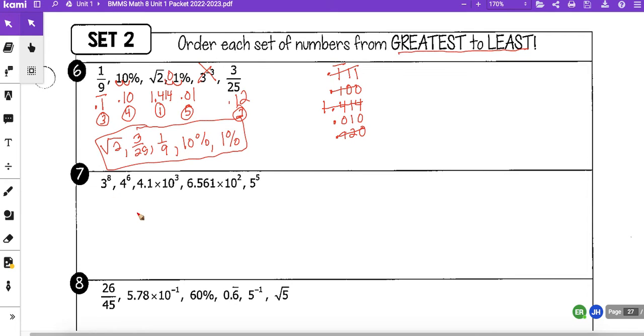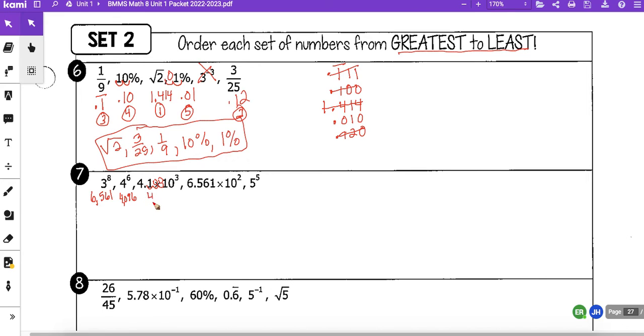Okay, let's go one more here. And this time we have 3 to the 8th power. So that's going to be 6,561. We have 4 to the 6th power is going to be 4,096. Okay, this one is scientific notation, so we're going to look at the exponent 3 places, 1, 2, 3.